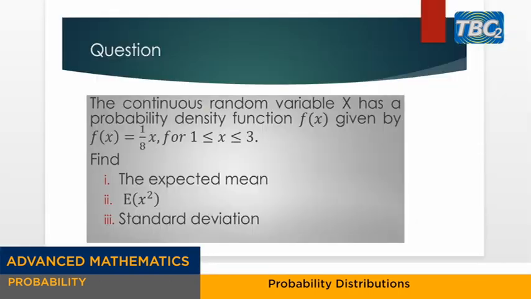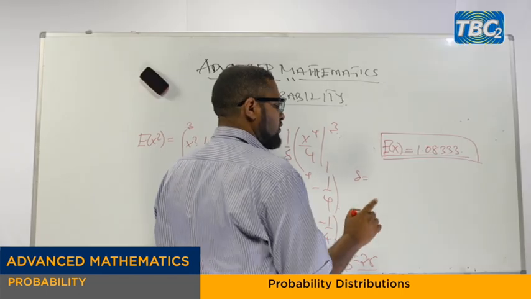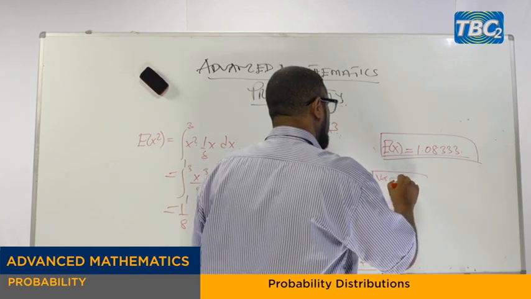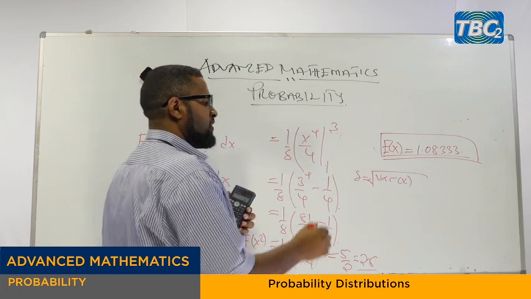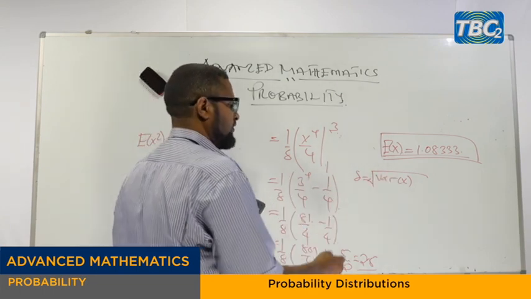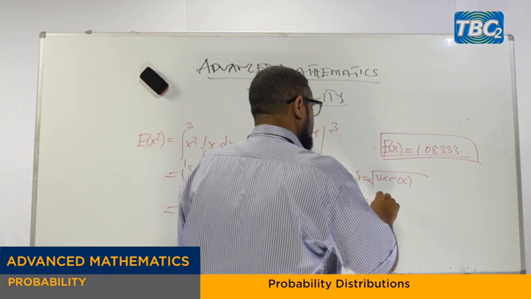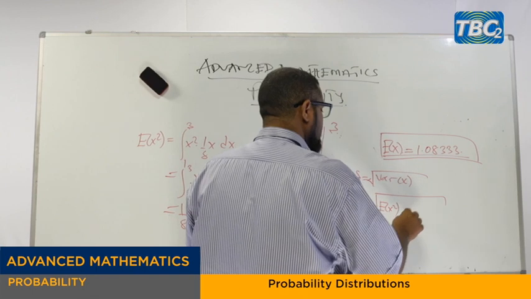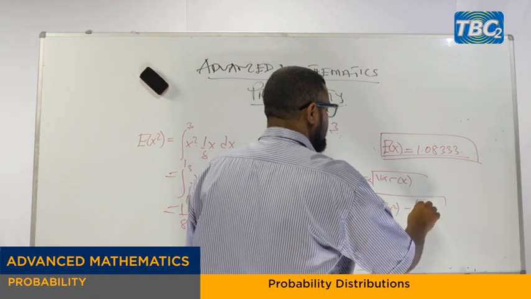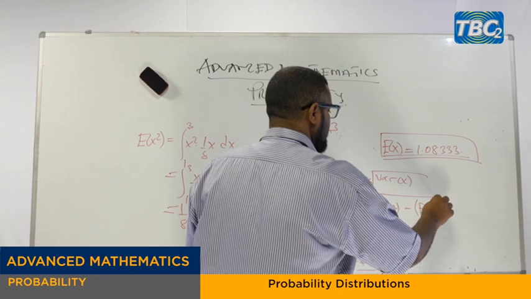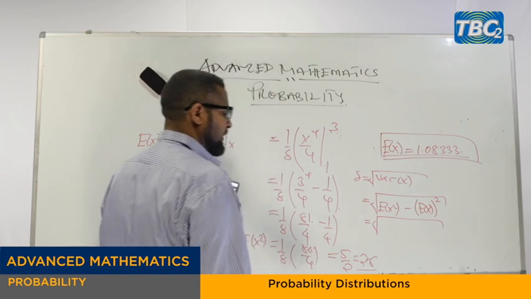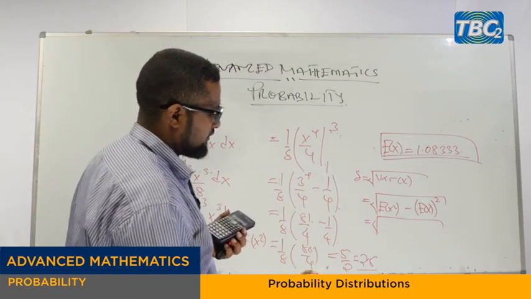Now lastly, find the standard deviation. When finding standard deviation, you need to recall the formula, which is given by the square root of the variance of x. But also remember the formula for finding variance, which is given by the expectation of variable x squared minus the square of the mean of the variable x. We have all the values. Nice time to substitute them and then simplify.